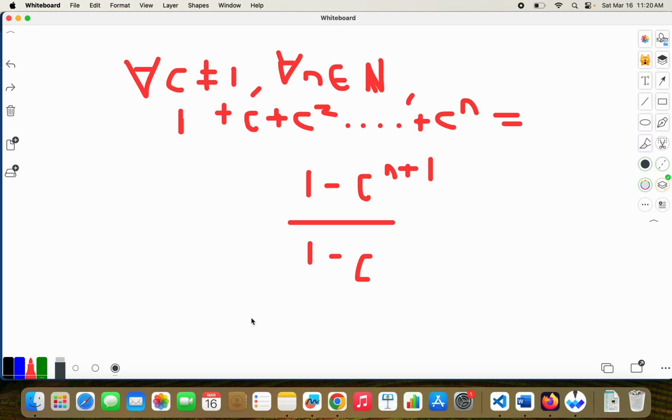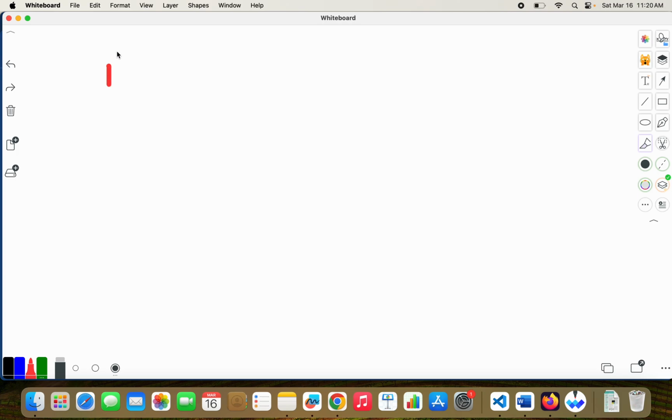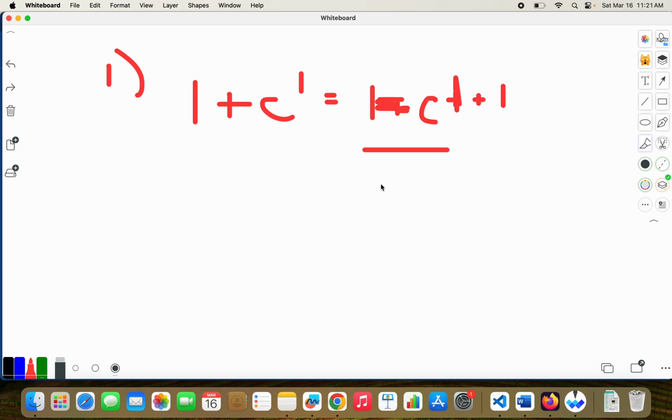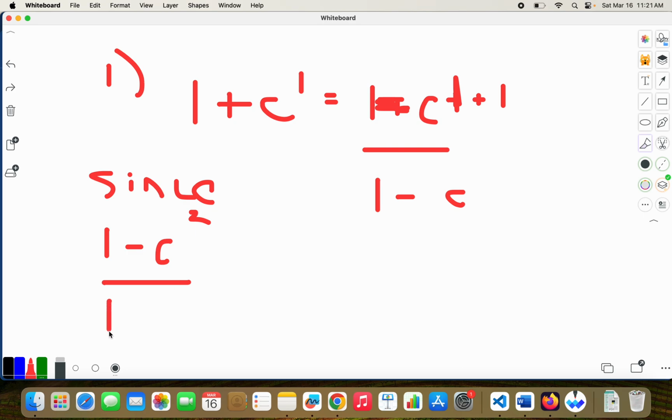So now we're going to prove P of n. P of 1, the base case. Obviously if n is 1, then the left side is 1 plus c, and this equals 1 minus c squared divided by 1 minus c, which equals 1 minus c times 1 plus c, divided by 1 minus c.